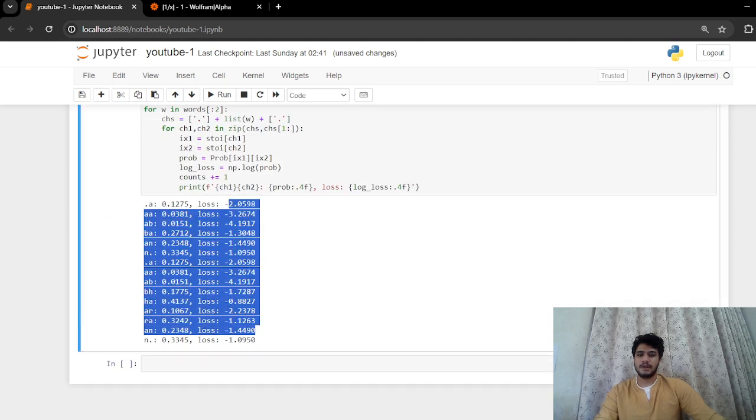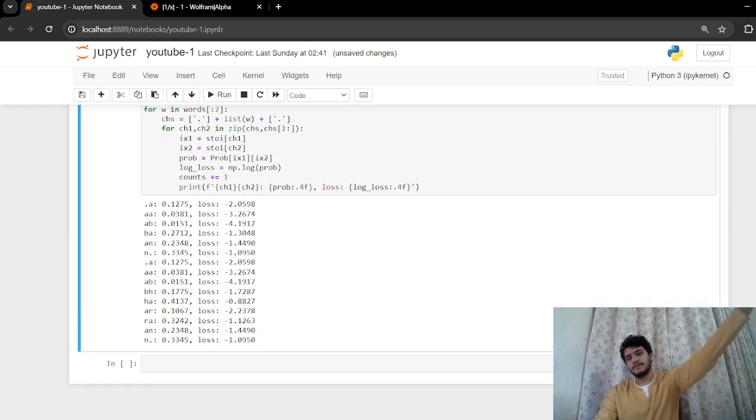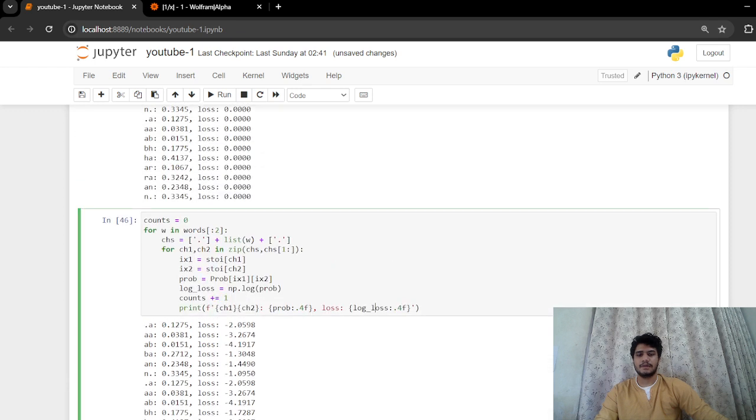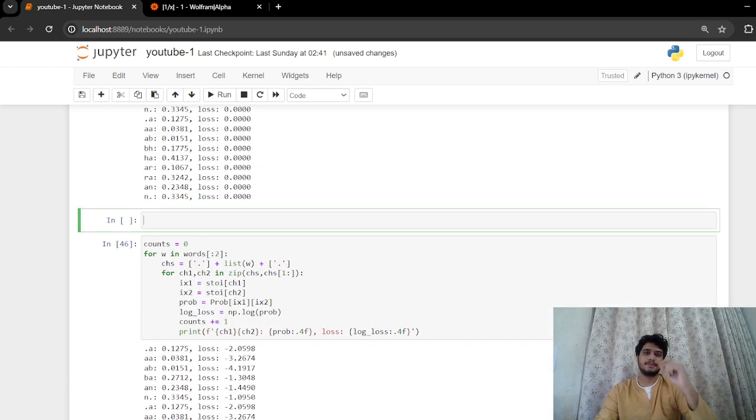Now if you see the loss, okay, firstly, why are we taking a log here? There's this property of log: log of a star b star c is actually log of a plus log of b plus log of c.